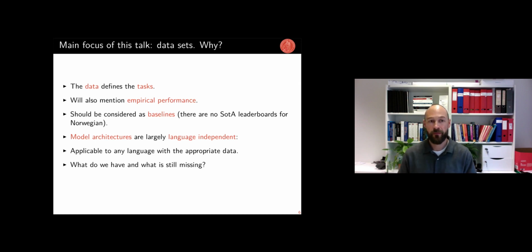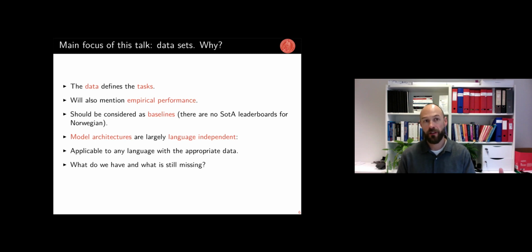So instead, I'll be focusing more on the data sets that we need to just carry out the tasks in the first place. At the same time, model architectures are, to a large extent, language independent. So the rankings that can be seen from state-of-the-art leaderboards for models targeting English data sets can be expected to, at least to a large extent, carry over to Norwegian, given that these languages are fairly closely related.